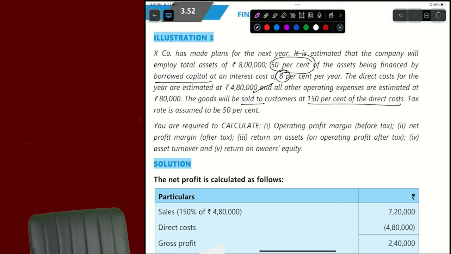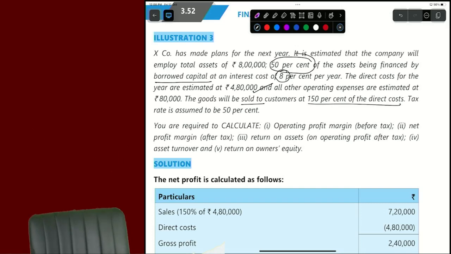Actually, return on total assets means EBIT divided by total assets, because unless and until I use the total assets capacity, I can't pay taxes to the government as well. Originally the formula is what? Return on total assets means return by total assets. EBIT by total assets is the formula.